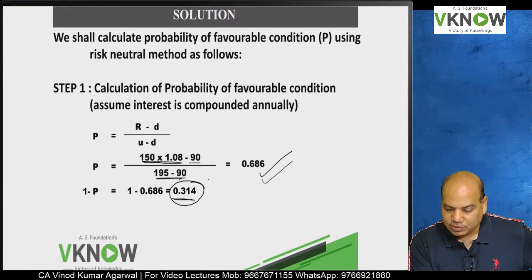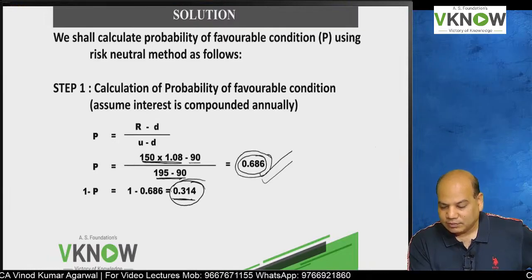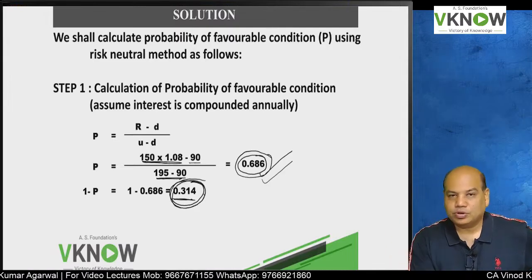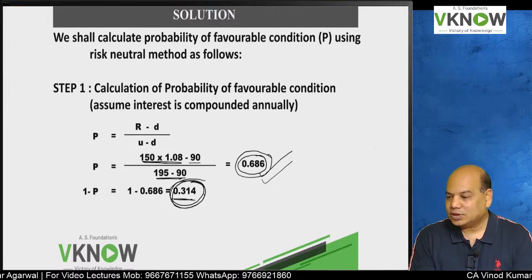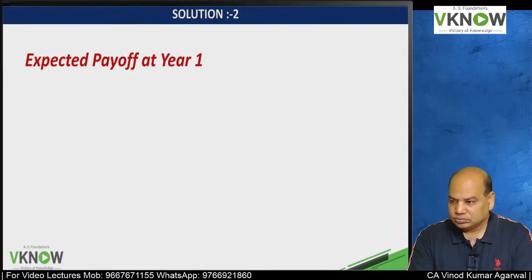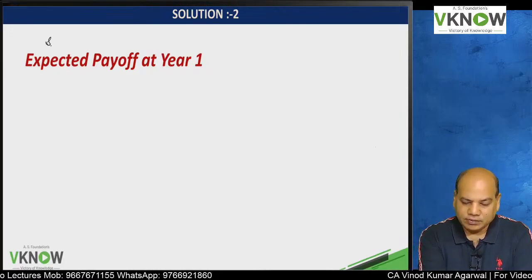Once you have got the probabilities, you can multiply by the values and you will get expected value of put option on expiry, that is after 1 year. So write down below step 3, expected payoff at year 1.